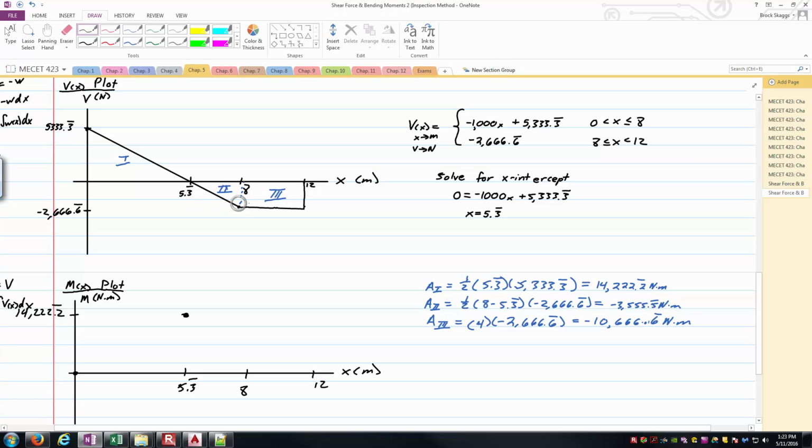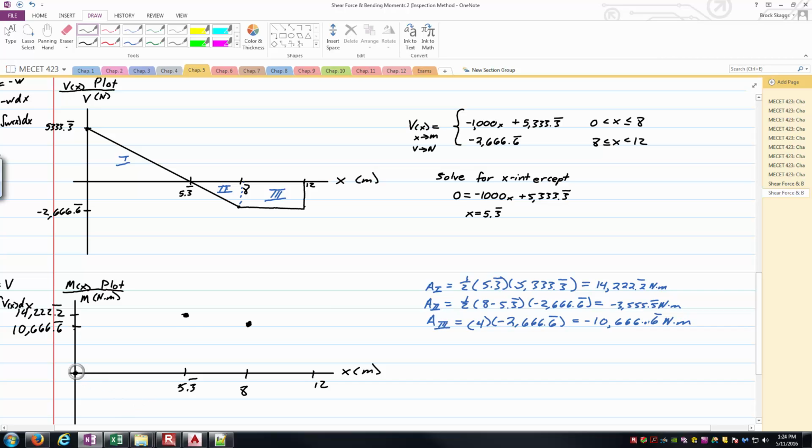That's why we got a negative area for area 2. And so by the time I get to 8 meters, I'm going to have to drop off the amount of that area 2 triangle. So I take that 14,222, add the negative 3,555 and some change of area 2. That gets me down to another value, which will be, say, here, with a magnitude of 10,666 and 2/3 Newton meters. And so I've got these 3 points.